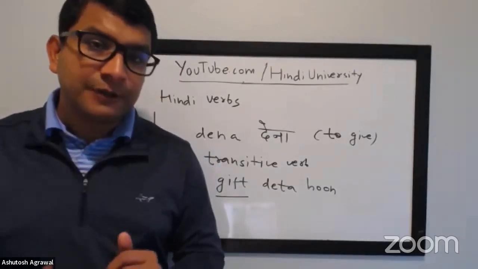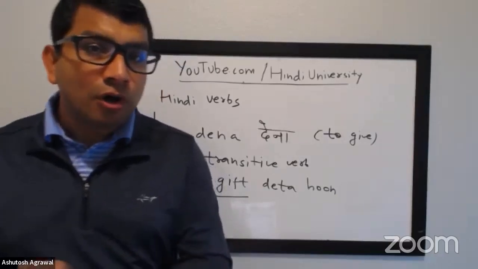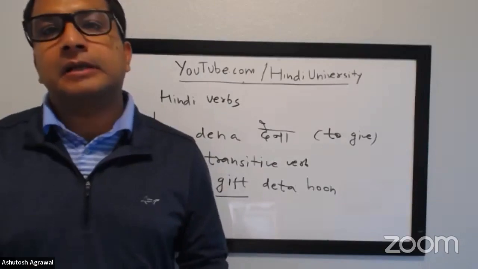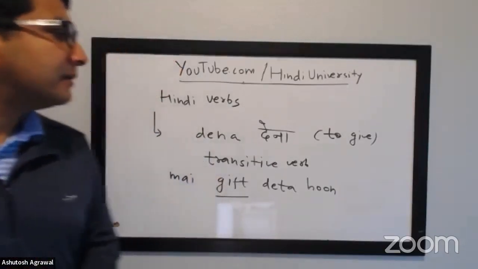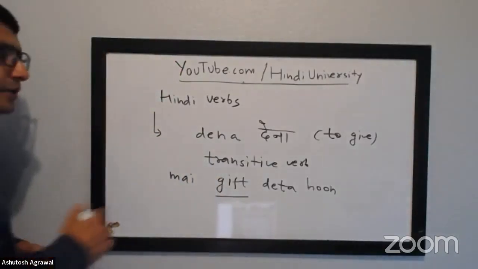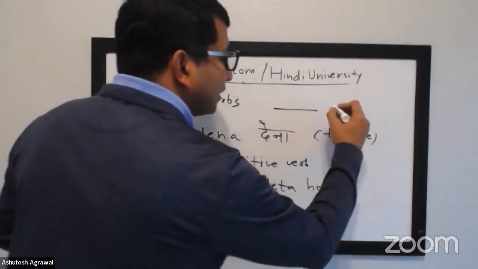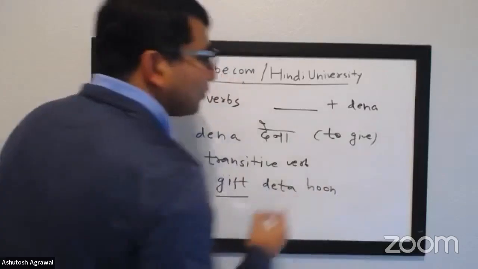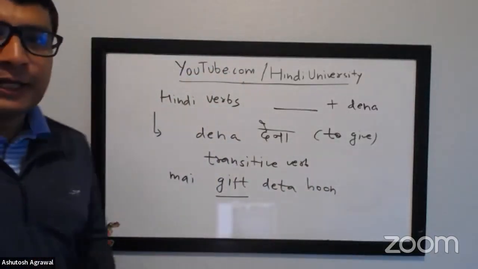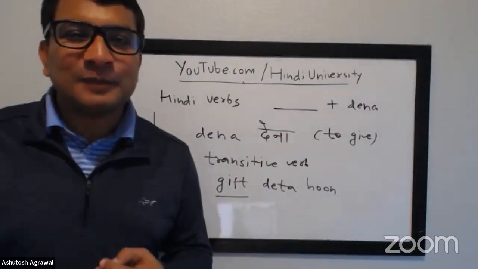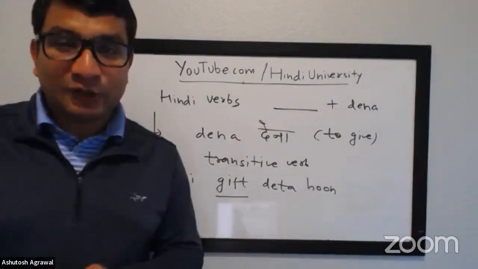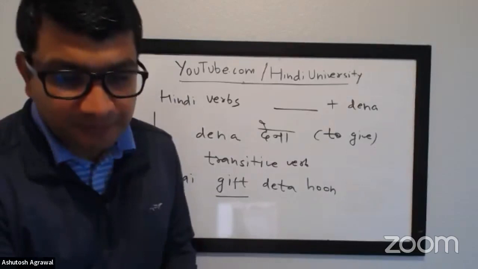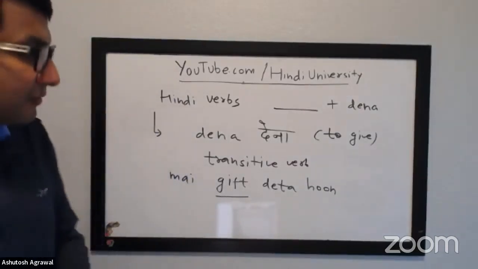In today's lecture, Dena is used along with some other verbs. How does it modify the role and the meaning of the overall sentence? Let's say you have some verb, and after that you put Dena next to it. What happens after that? My goal is that by the end of this class, you will feel comfortable using Dena along with some other verbs, and with various use cases of that.